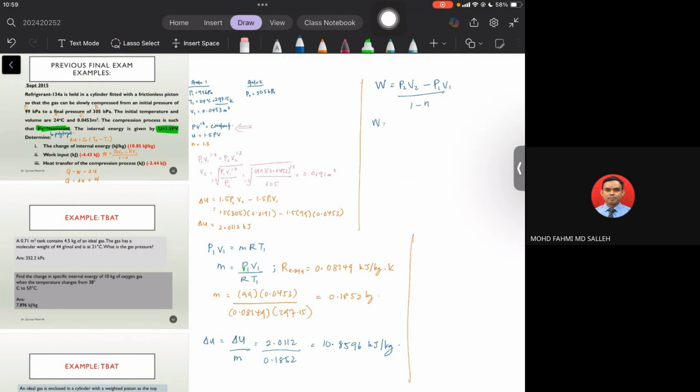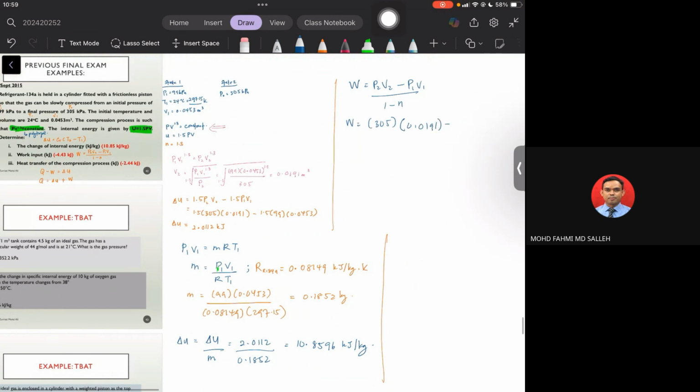So we have P2 is 305, V2 will be 0.0191, minus P1, 99, V1, 0.0453, and then divided by 1 minus 1.3. So for this, you're going to get the work is equal to negative 4.4693 kilojoule.